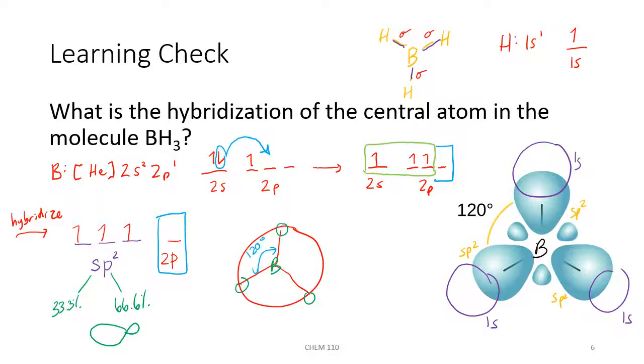The region of overlap is where our electron spins will become paired, and that's going to represent the formation of a single sigma bond. So we had 3 sigma bonds, and that's going to be from that direct overlap of a 1s orbital on hydrogen with an sp2 hybrid orbital on boron. Boron needed 3 bonds, and so we had 3 equal energy hybrid orbitals.